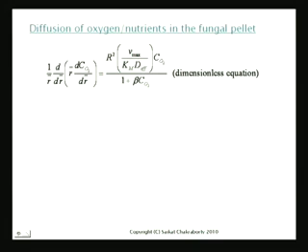And beta, these are the same coefficients that we had before, and this has to do with the Michaelis-Menten kinetics. So this is the dimensionless form. If you don't trust this form completely, you can derive it from what you had. But the reason I'm not repeating it is because we had already done this in the immobilized enzyme part.